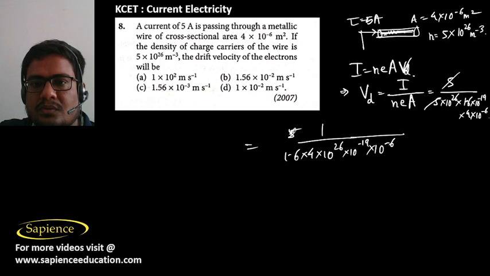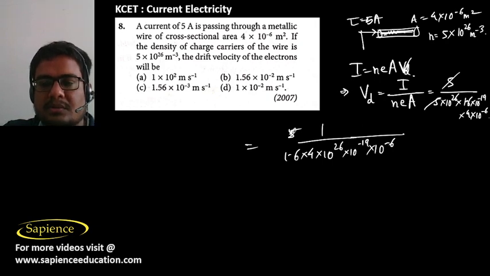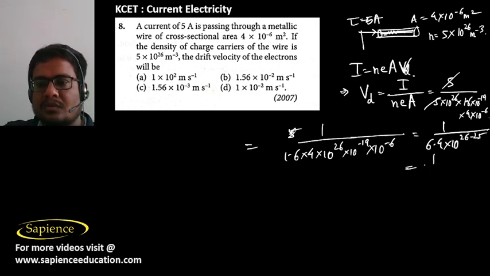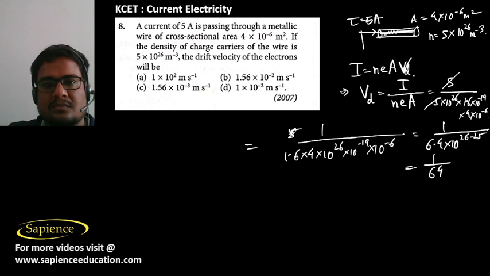So this is 1.6 into 4 is 6.4, into 10 power 26 minus 19 plus 6, that is 25. So this is 1 by 6.4 into 10 power 25... so 1 by 64 meter per second.